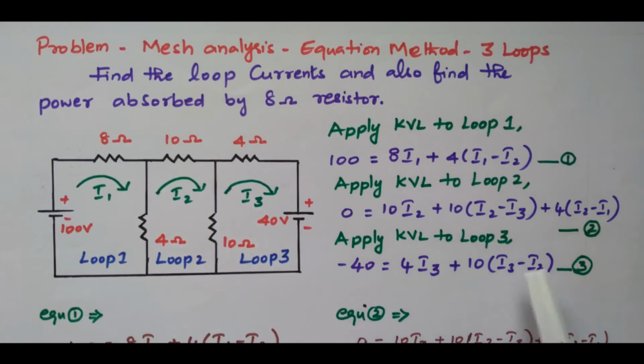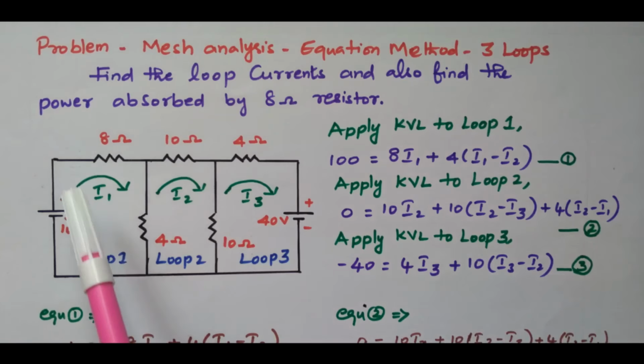But while referring to loop 3, we need to take I3 minus I2. While referring to loop 2, I2 minus I3. That is the only difference. So this is the potential drop. It's a voltage source, this is the drop across 4 ohm and this is the drop across 10 ohm. So we framed equation 3. That equation also framed. Right?